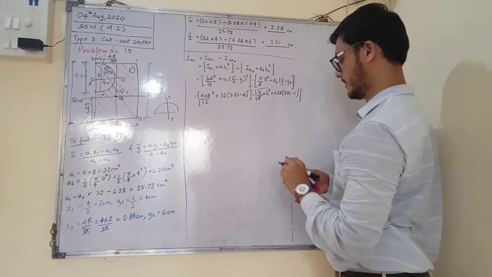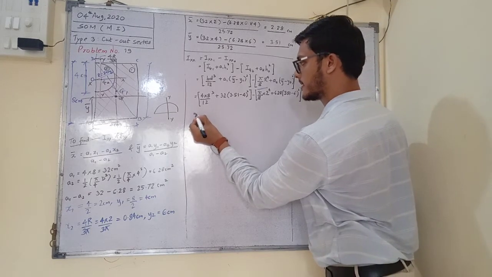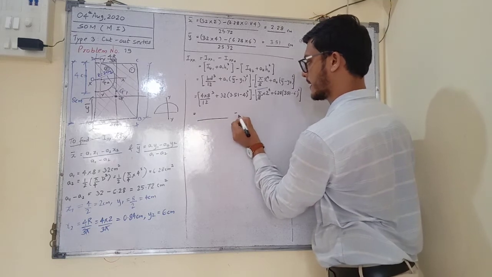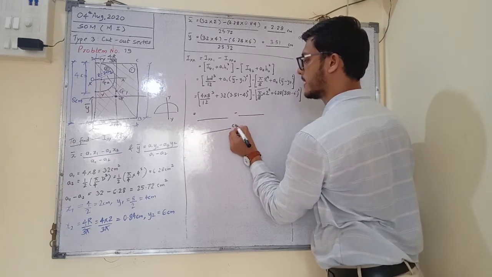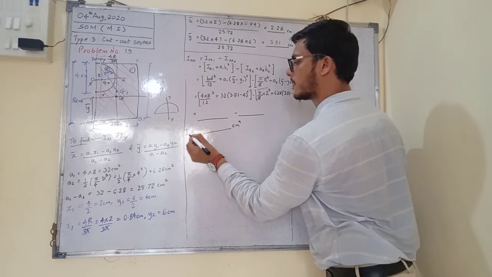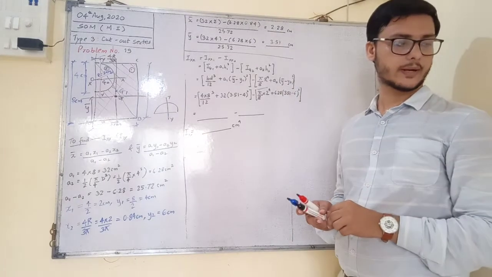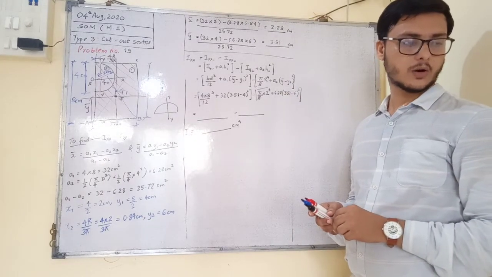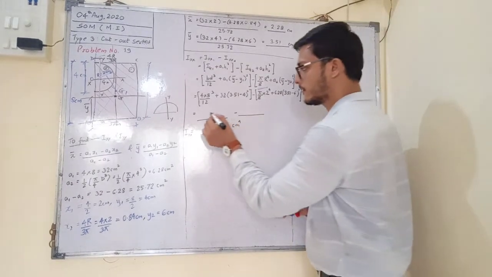Now moving ahead, we'll substitute. We'll calculate this. We'll get the first term minus second term, and finally the value of Ixx in centimeter raised to 4, because the unit given is centimeter. On solving, I am getting the first square bracket as 178.34.